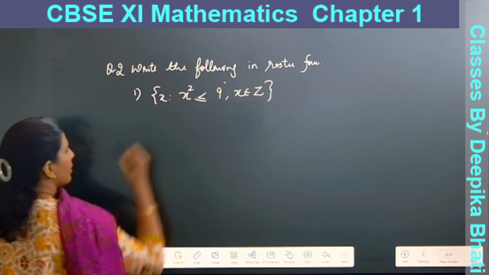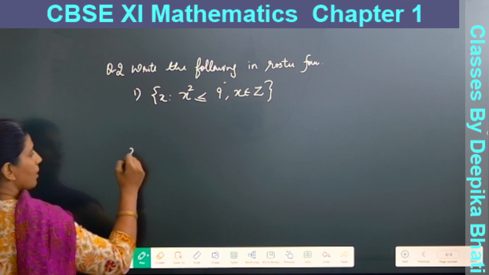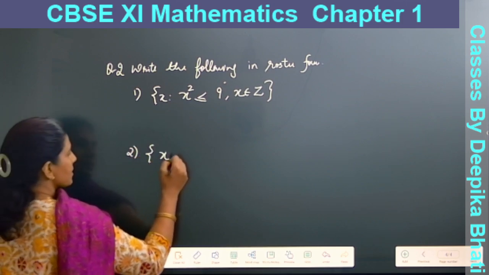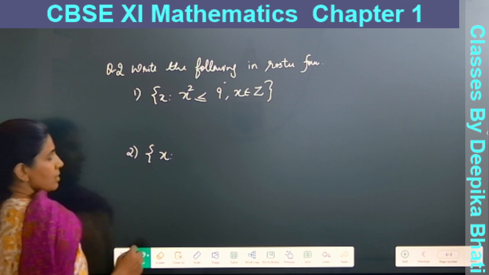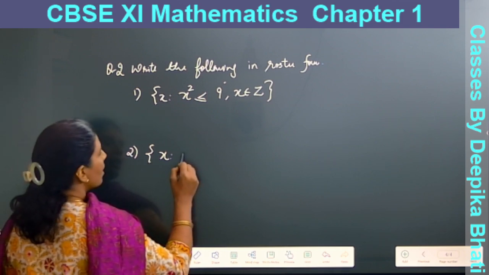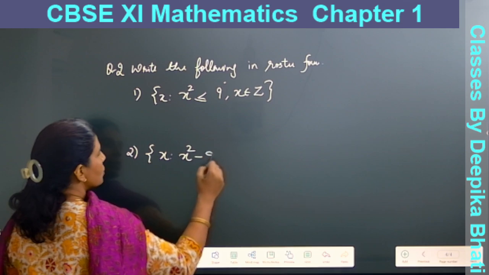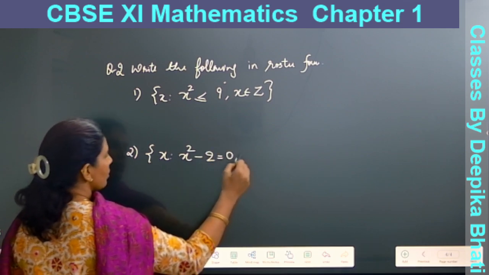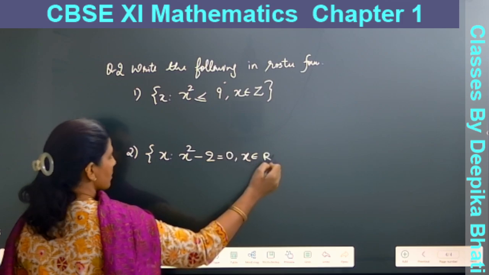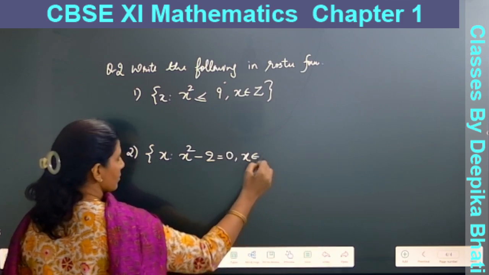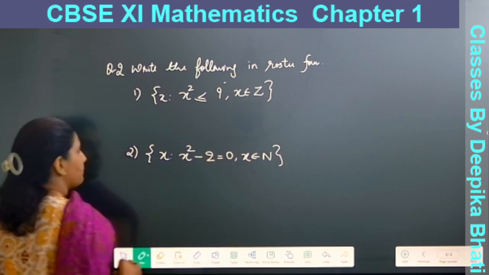Second part, x such that x square minus 2 is equal to 0, x belongs to natural numbers.